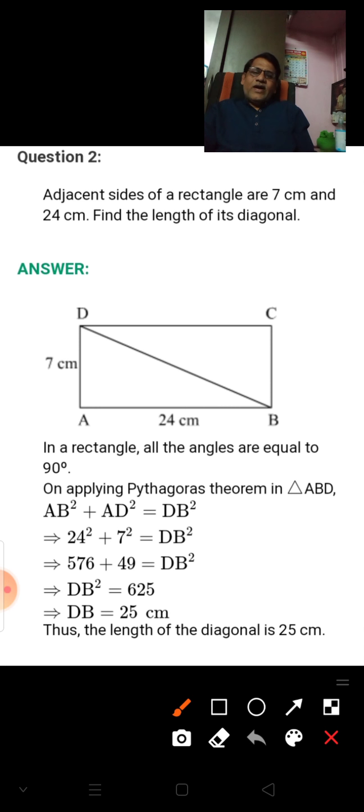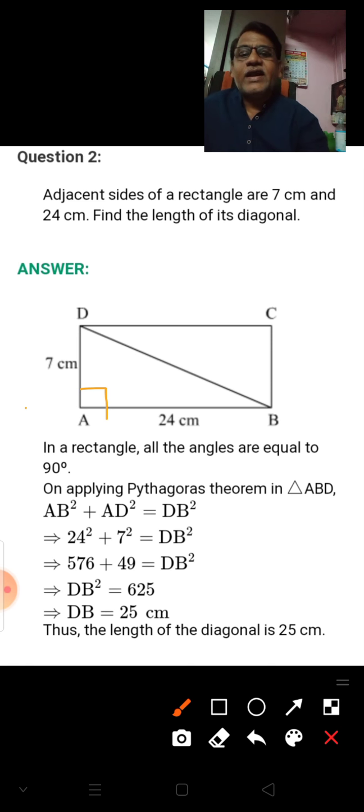Now how to find it? See here, in a rectangle all the angles are equal and each angle is 90. So this angle is 90. Now DB is a diagonal, so a triangle DAB is formed here.